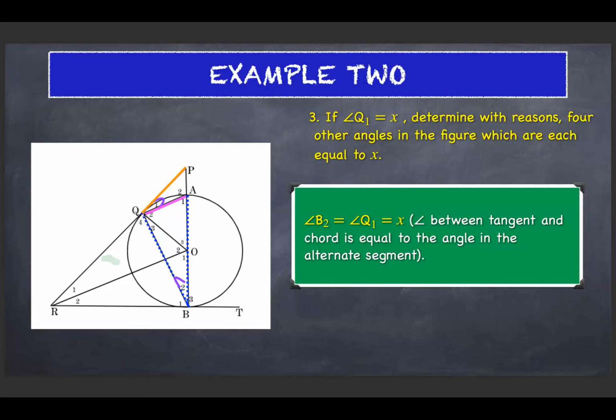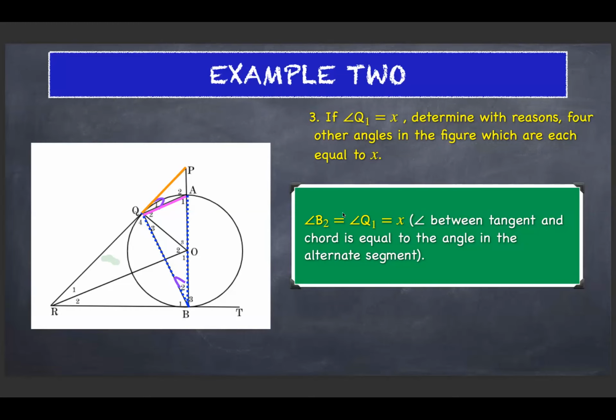And of course, the angle between the tangent and chord, which is Q1, which is X, is equal to the angle in the alternate segment, which is going to be B2, right? The angle that AQ subtends is going to be angle B2. And so we get that B2 is equal to X.